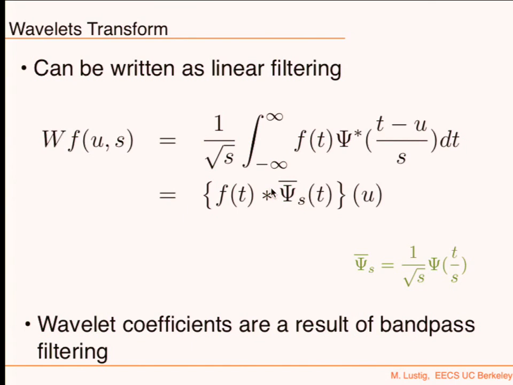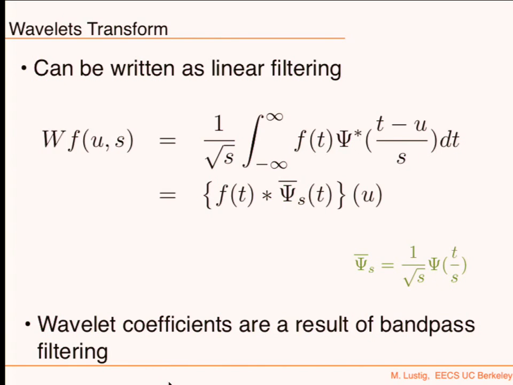Short-time Fourier transform, by the way, can be described in the same way. You can take those short-time Fourier kernels and convolve with them, shift the windows, right? It's the same thing. Here, we can do it the same way. So wavelet coefficients are really a result of bandpass filtering.